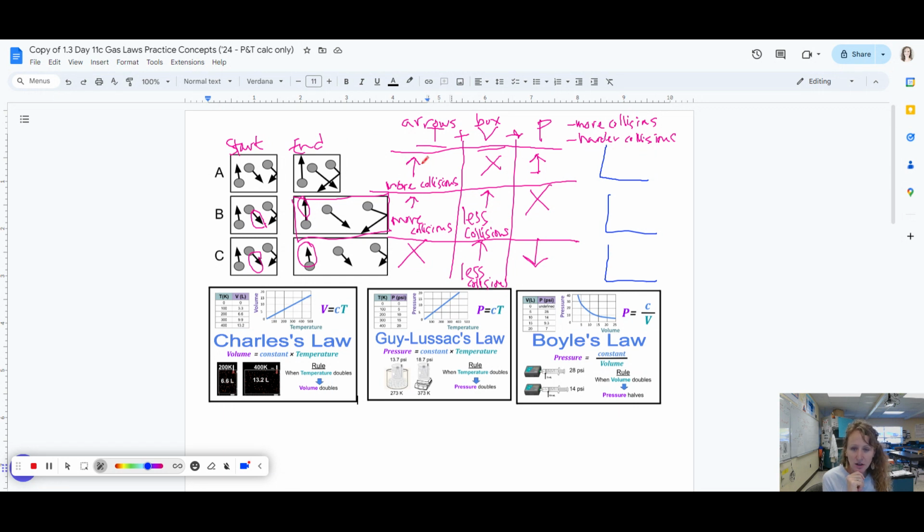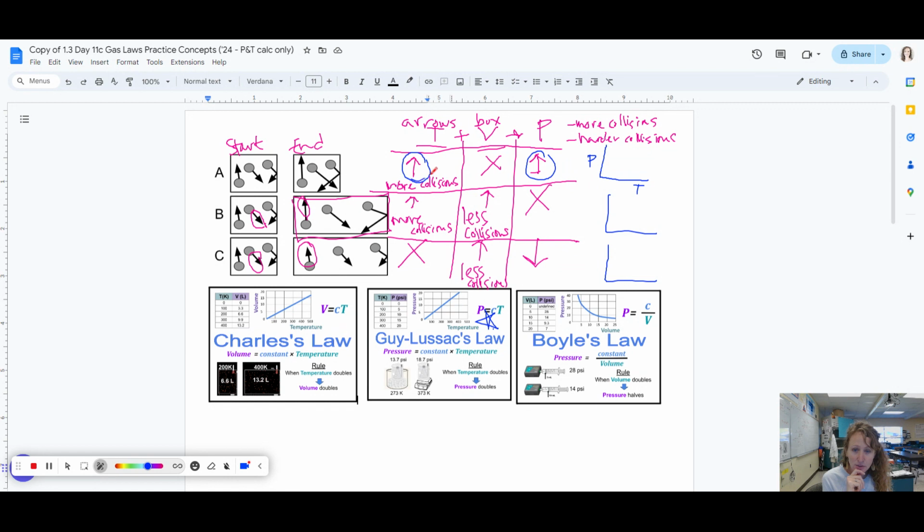So here in box A, temperature is changing, and as a result, pressure is changing as well. So we can look down here and look at which graph has temperature and pressure. That would be this second one, Gay-Lussac's law. Temperature goes down here, pressure goes on the side here.